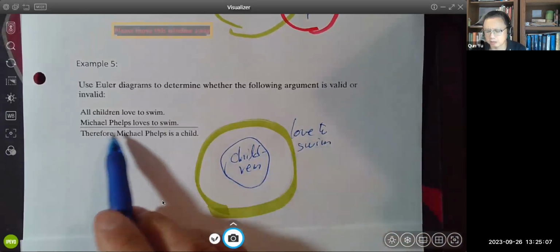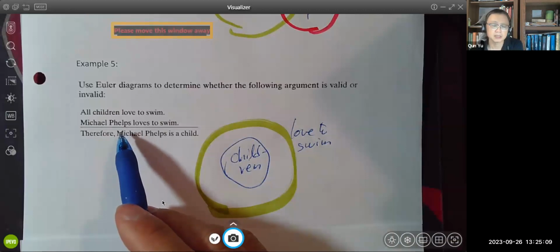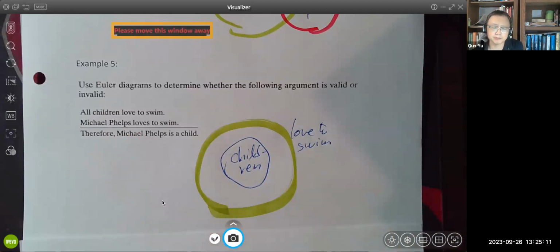Now, Michael Phelps, this is an individual person. Michael Phelps is a very famous person. He was an Olympic champion, and he won a lot of gold medals.